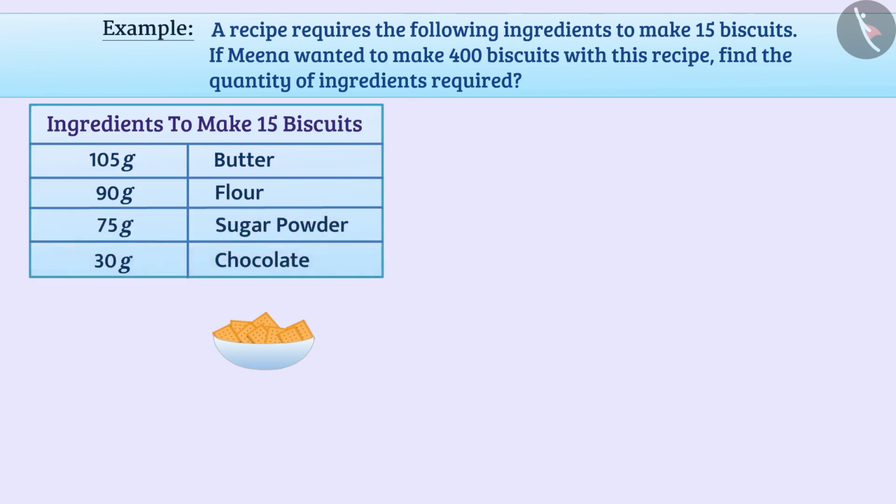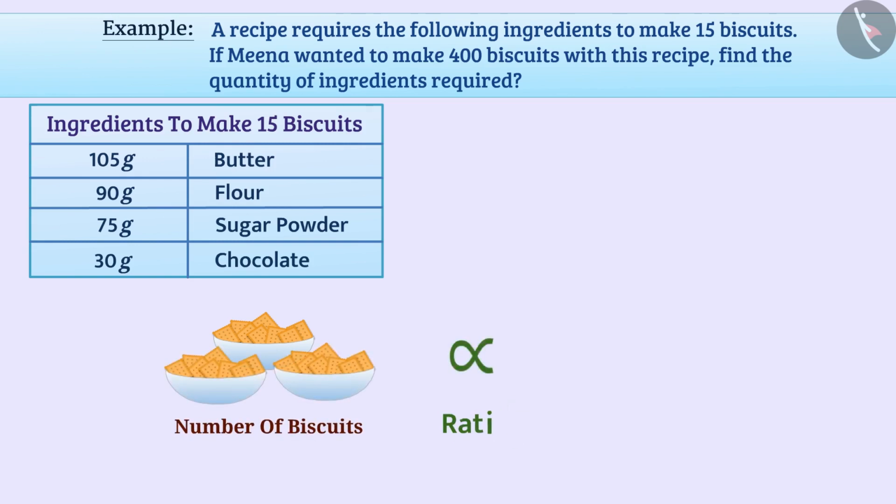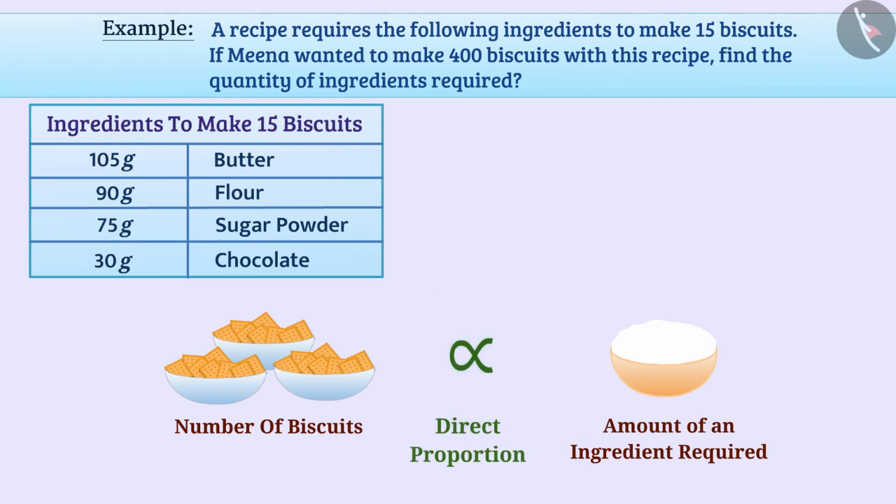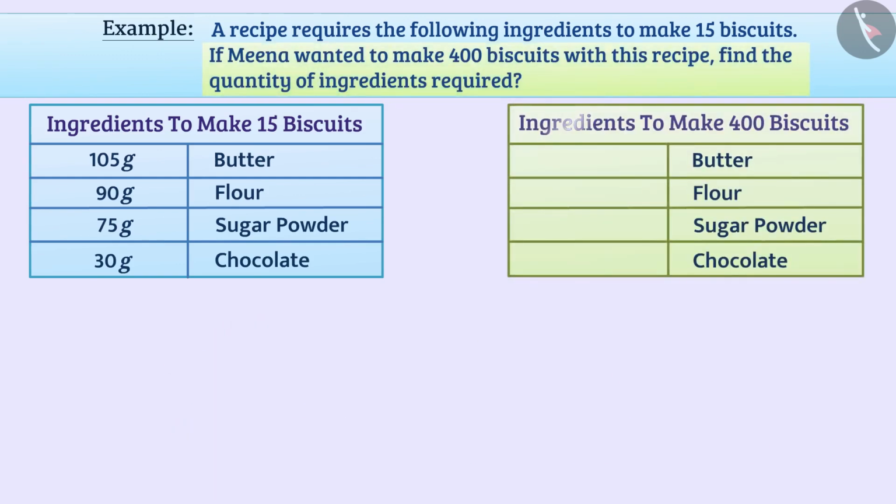Here we are given the quantity of ingredients required to make 15 biscuits. The ratio in which the number of biscuits increases is the same as the ratio in which the amount of an ingredient required increases. Therefore, we can say that there is a direct proportion between the number of biscuits and the amount of ingredients. Let's find the ingredients required to make 400 biscuits.